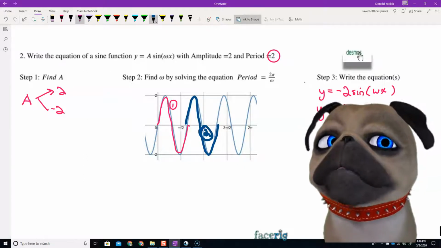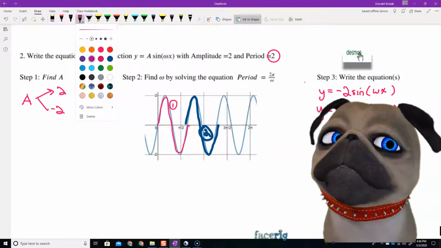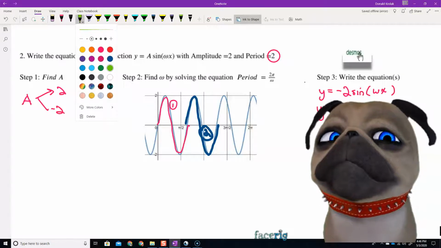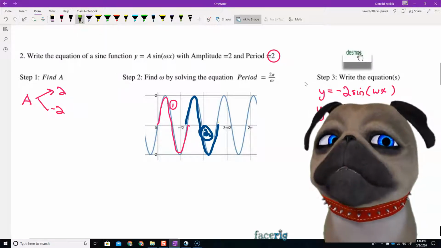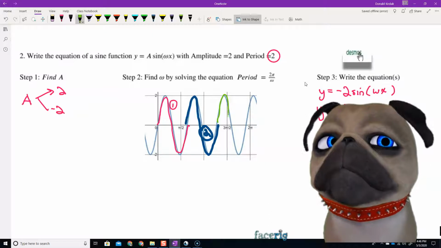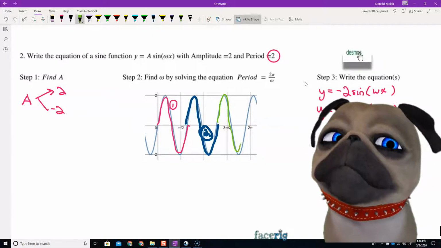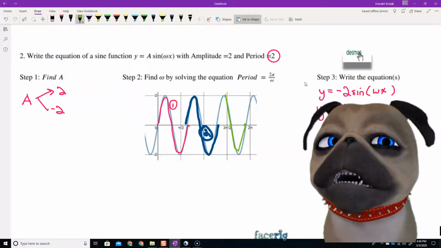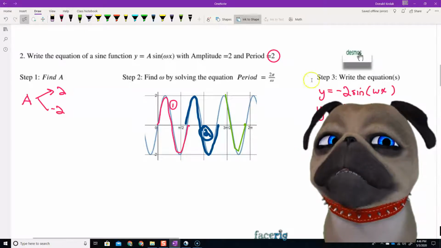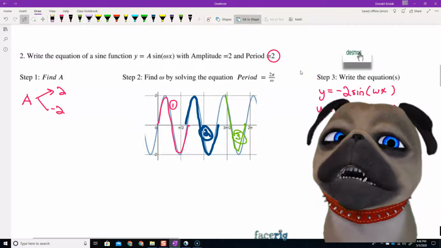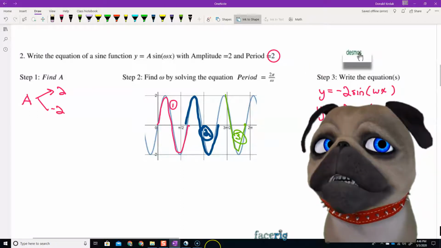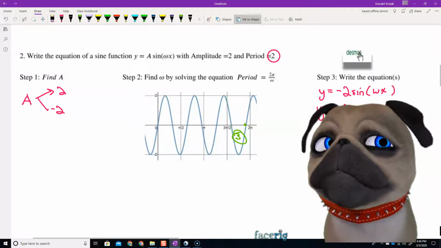And then if I did a third one, here's 3 cycles of sine. So our B value is going to be somewhere around that, okay?